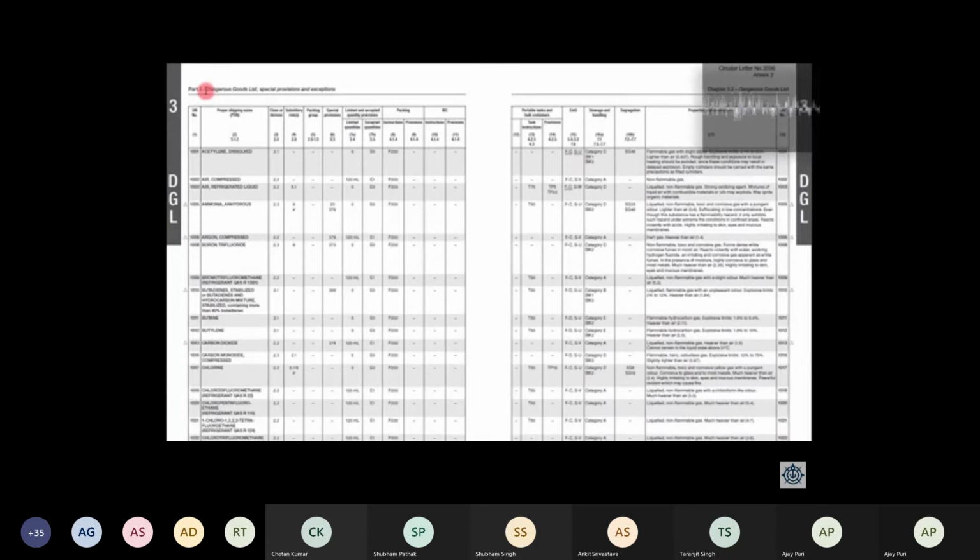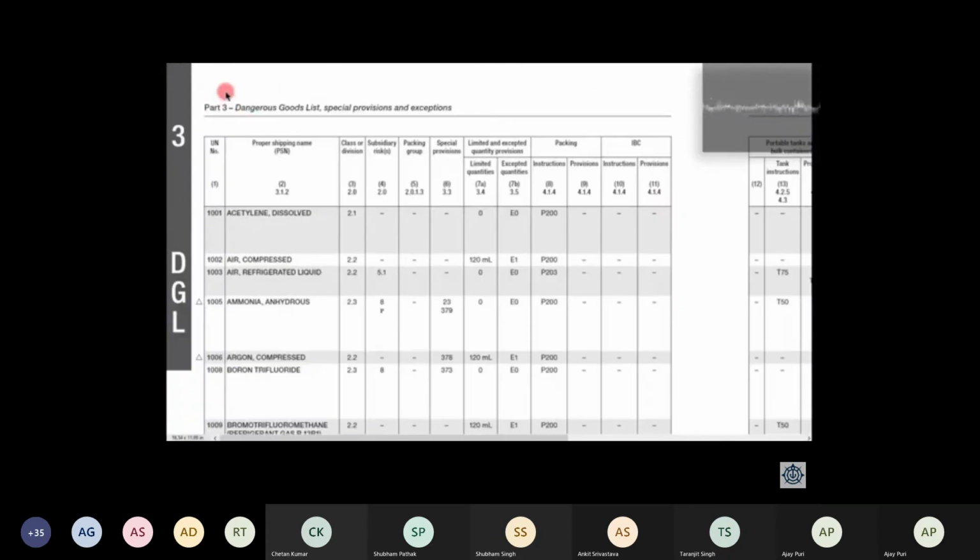Let's take an example to make you understand even better. As you can see, substances are listed in this column, and in column 4, wherever you find a letter P, that means that substance is a marine pollutant. So have a look at this substance. This substance is acetylene, and there is a dash given against this substance. This means that this substance is not a marine pollutant.